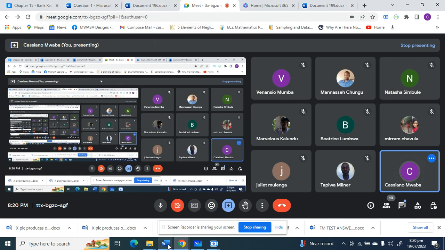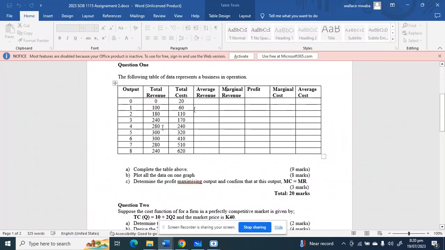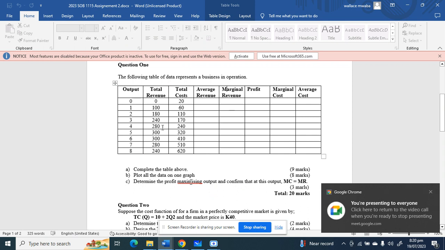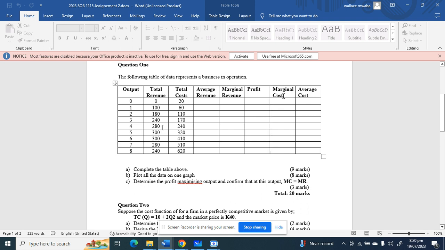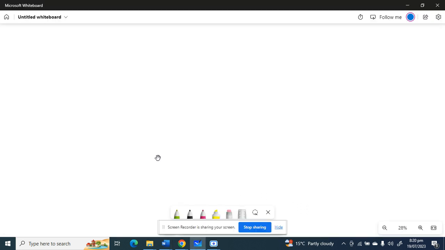Okay. So with this table, as I said, you have to be aware of the formulae to get average revenue, marginal cost, and average cost. All right. Average revenue, the formula for it is average revenue, AR, equals the total revenue divided by number of units.